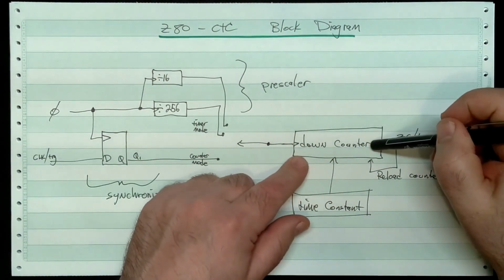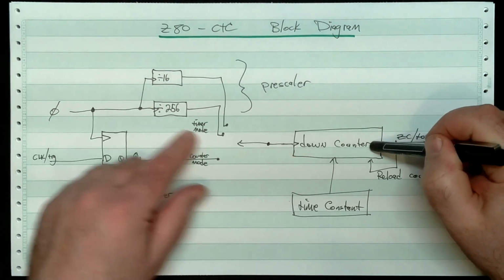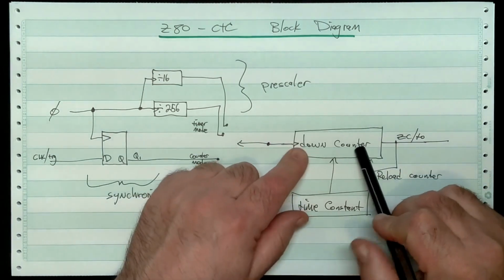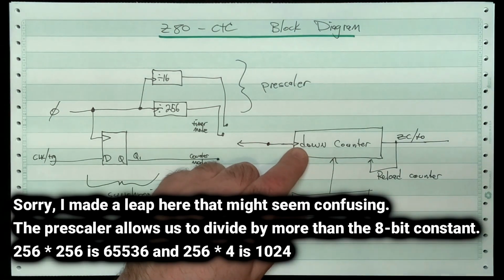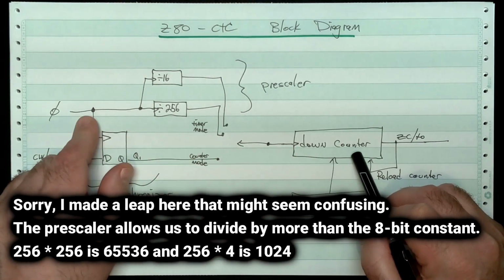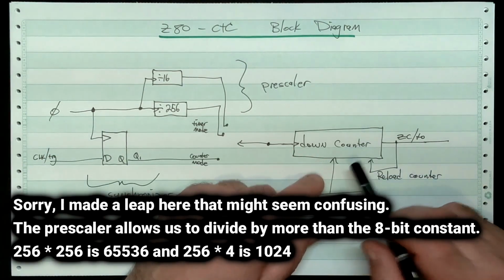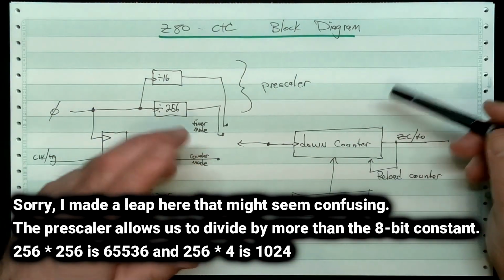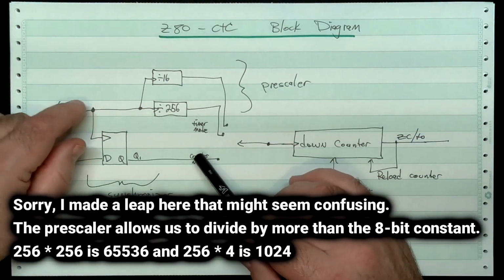And the down counter here has only got 8 bits in it. So if you divide by 256, and you can also divide by 256 again, that allows you to divide by 1024. And that'll let you take 10 megahertz all the way down to just under 10 kilohertz, okay? And that's the kind of thing you'd oftentimes want to do with this sort of a setup, all right?